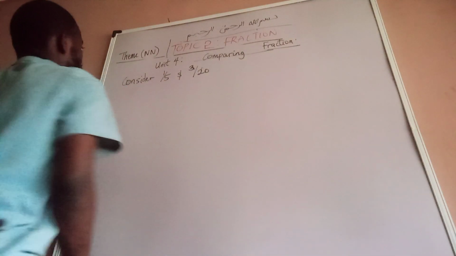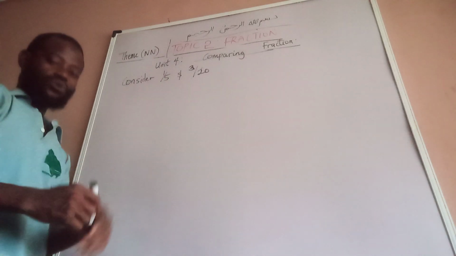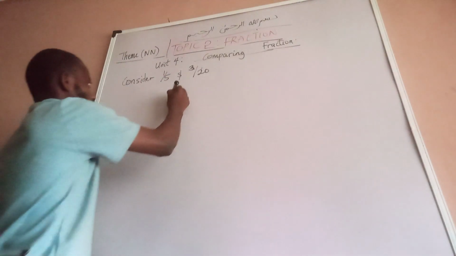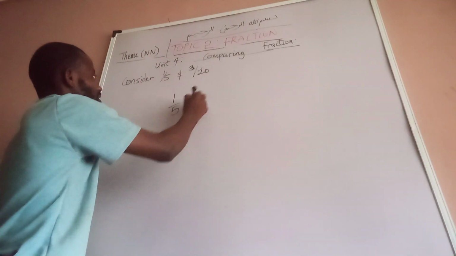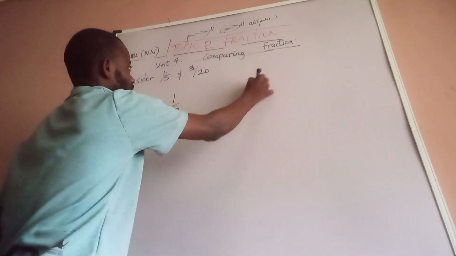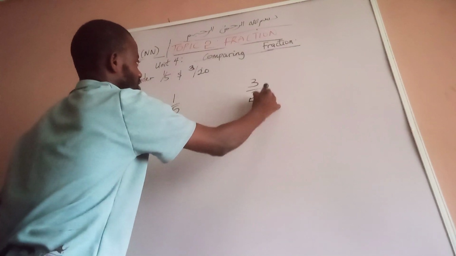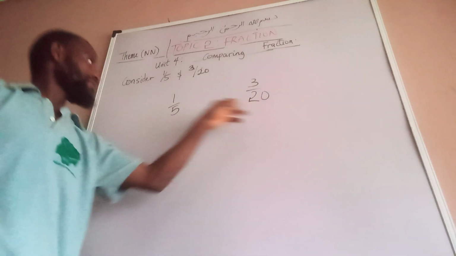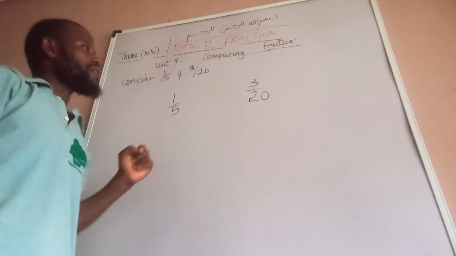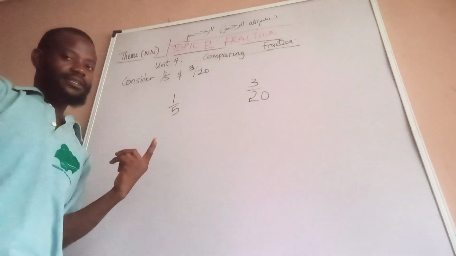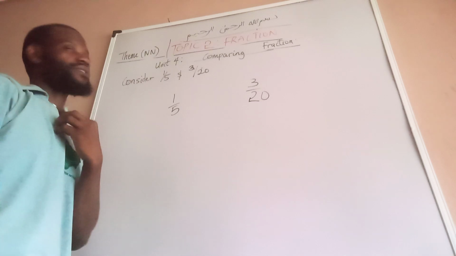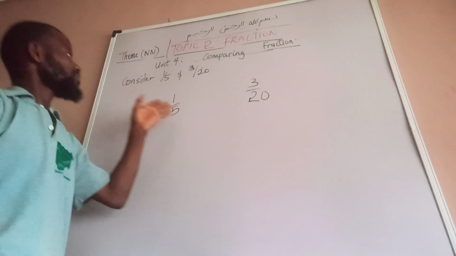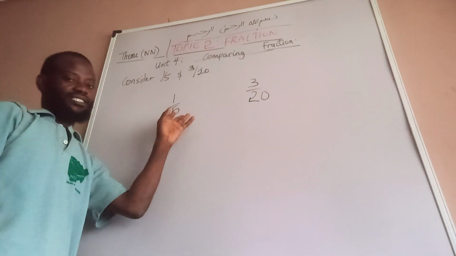Now here we are having two fractions, so to say. The first one is 1 over 5 and the second one is 3 over 20. Now here this 20 is bigger than this 5, right? So what I have to do is, remember the previous topic that we did, equivalent fractions. What are the equivalents of this 1 over 5?